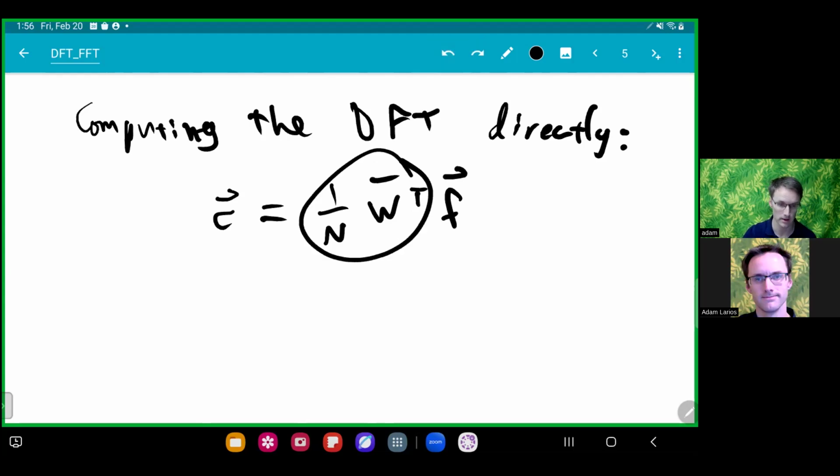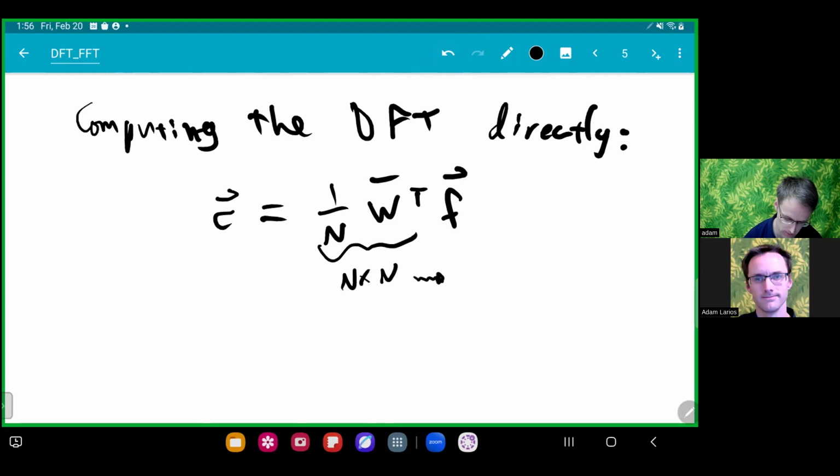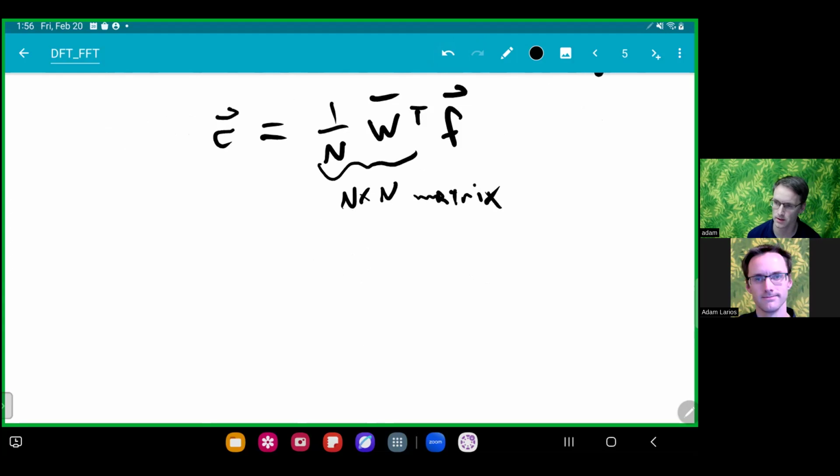This can all be computed and stored in a computer for future computation. So this is just some kind of n by n matrix of complex numbers, but we won't worry about whether things are complex or real for a moment. So the counting for these, counting multiplications.